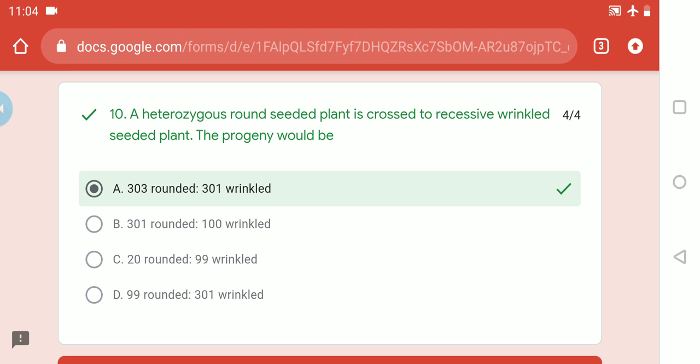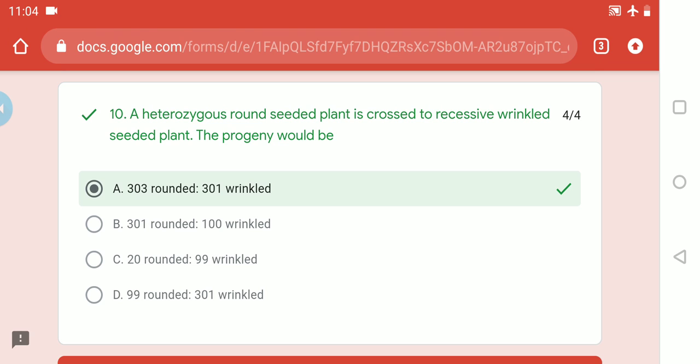Just now, as I said, the test cross. When we conduct a test cross, the test cross ratio will be 1:1. If you know this, you can just compare the numbers so that you can easily identify. The first one is 303 round and 301 wrinkled. Only a very small difference will be there.